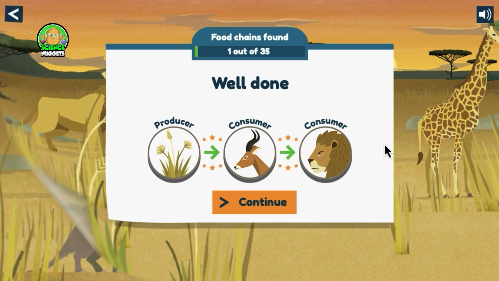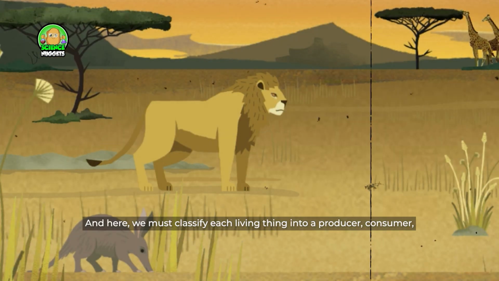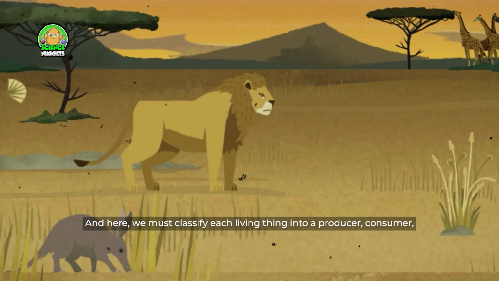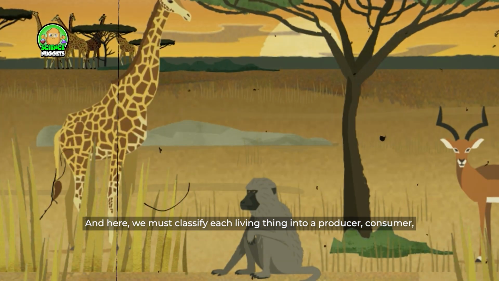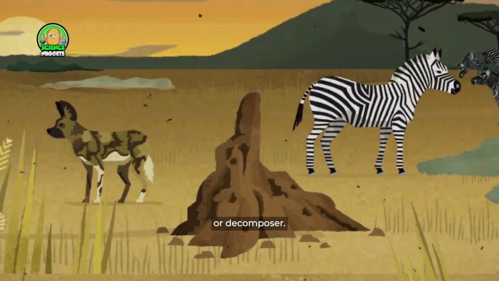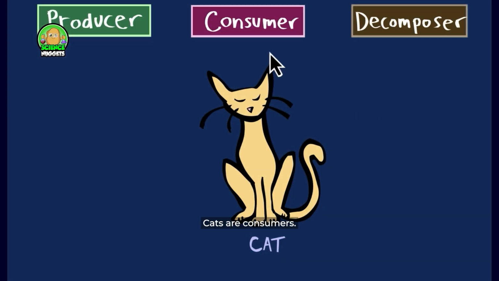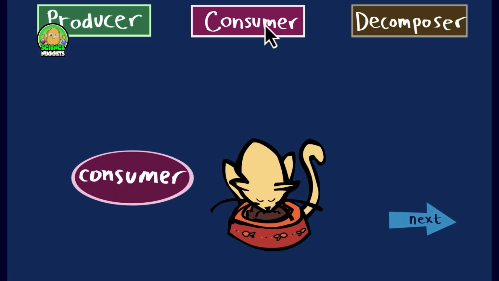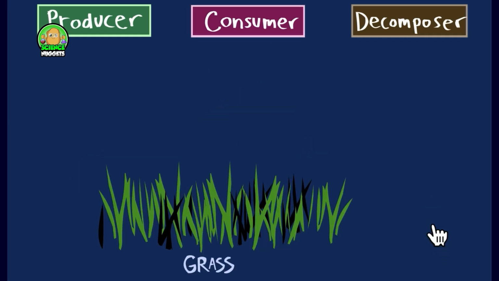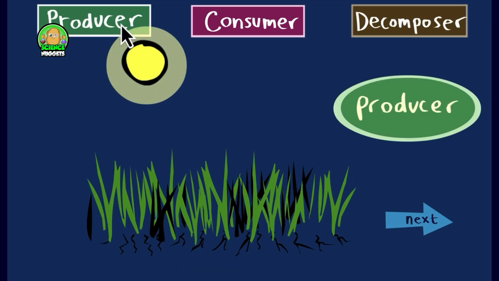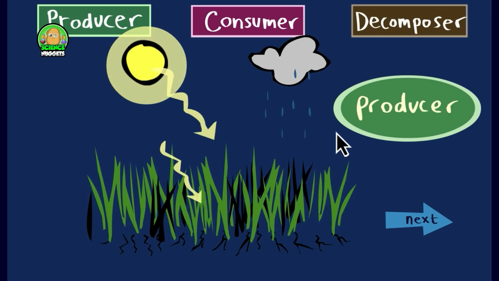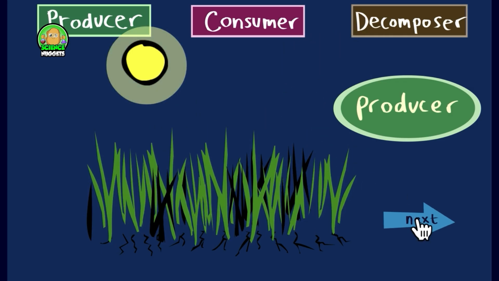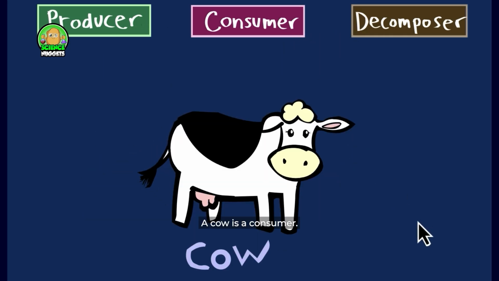Good job! And here we must classify each living thing into a producer, consumer, or decomposer. Cats are consumers. Consumer. Meow. Grass is a producer. Producer. A cow is a consumer.